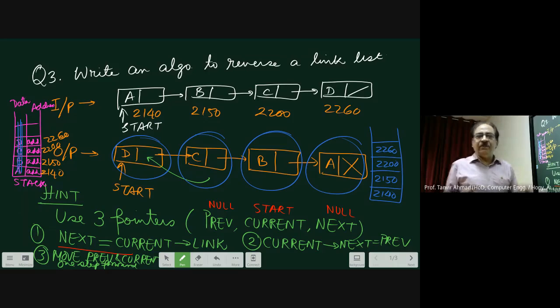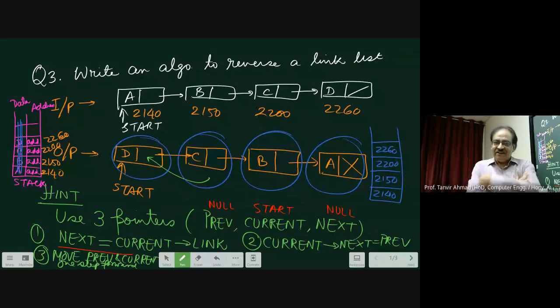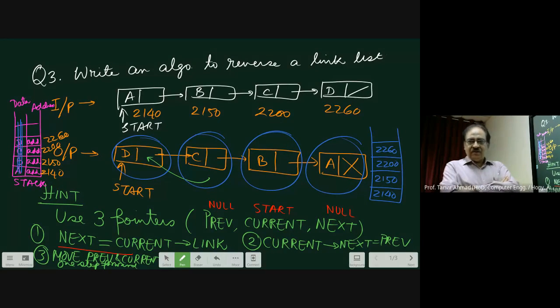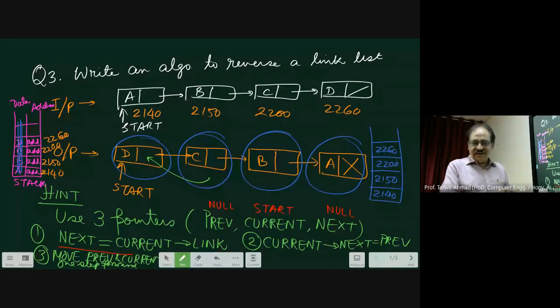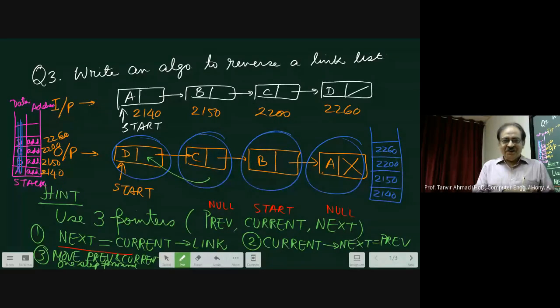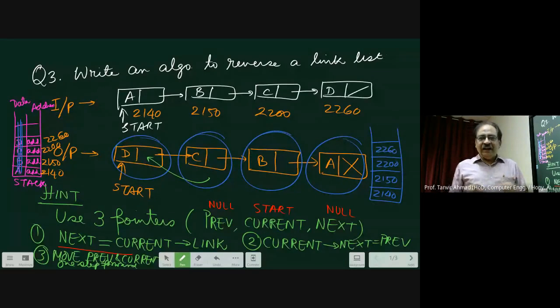Therefore, what is the order of complexity of this algorithm? It is correct, 2n. N for pushing in the stack and 2n for adding.